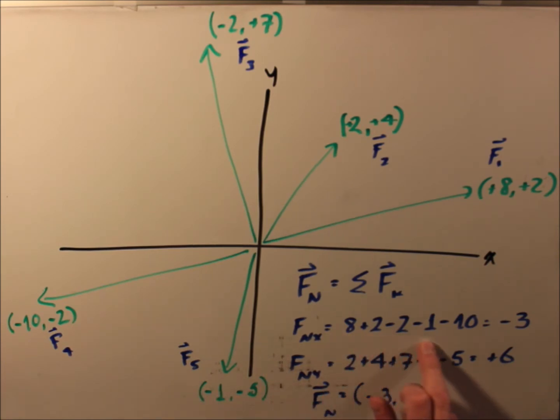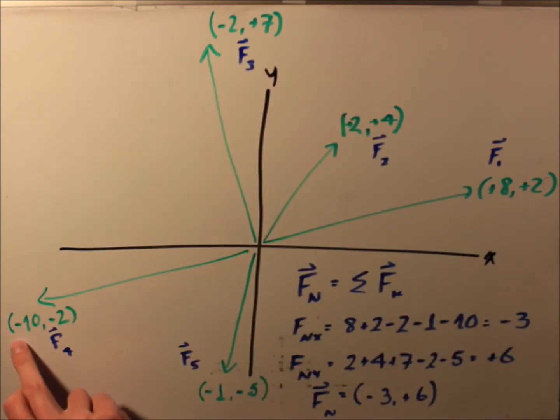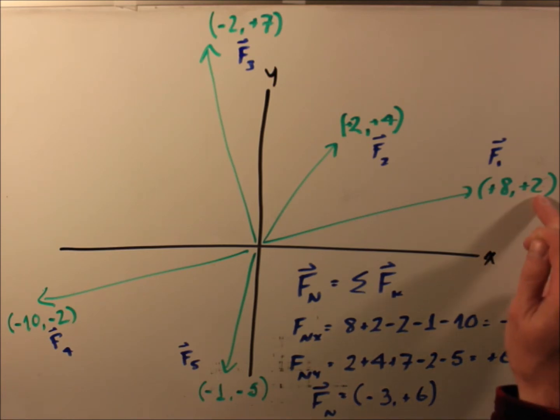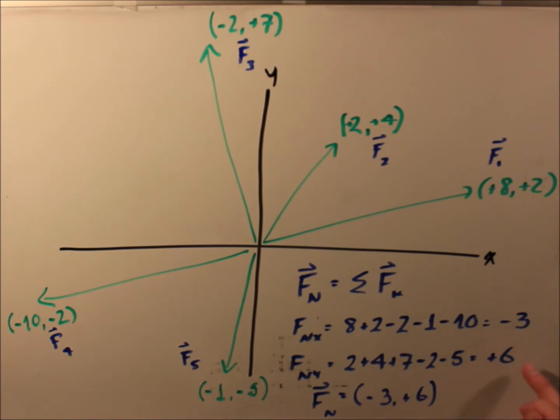So in this particular case I add up all the x's, 8, 2, -2, -10, and -1, and I get -3. It's a simple arithmetic addition. Exactly the same thing for the y's, and I get a +6. So my net force in this situation is simply -3, 6, and when you have it stated like this, you can also put the unit with it if you wish, which in this example is newtons.